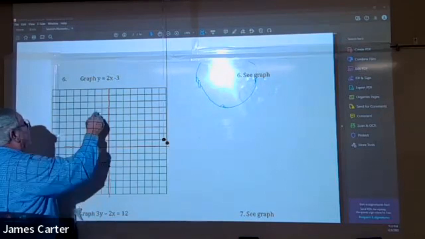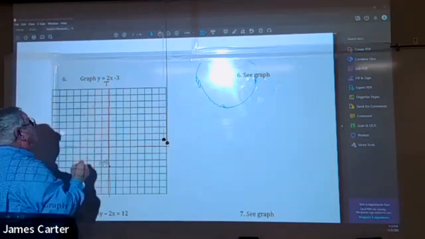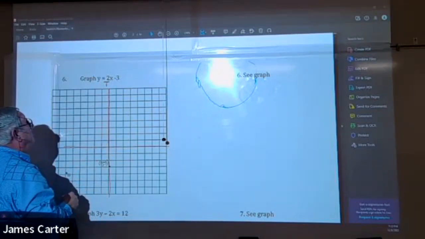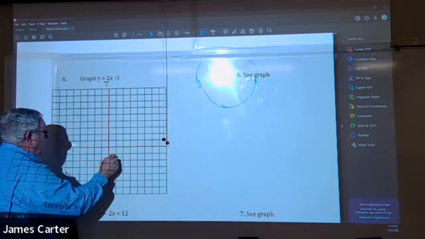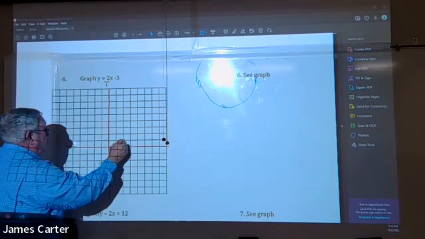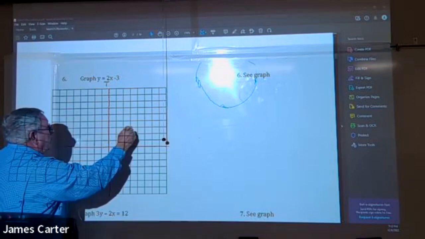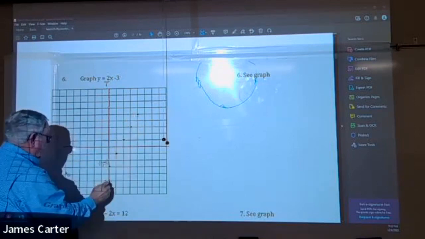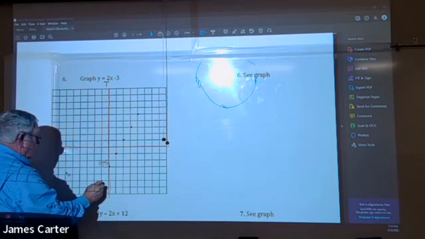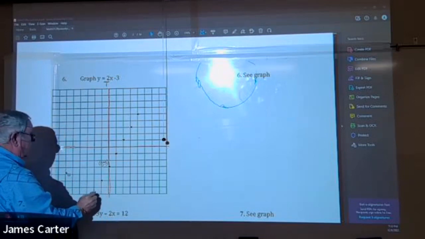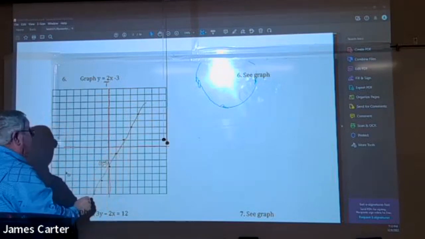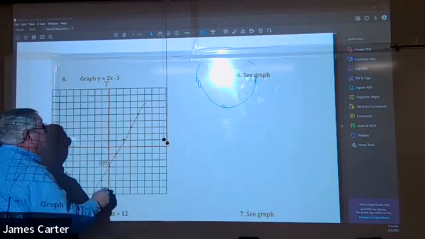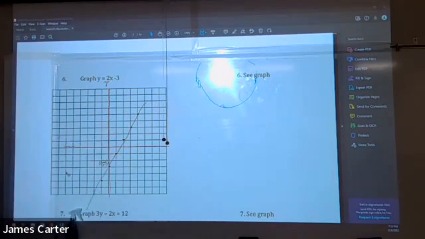And then my slope is up 2 over 1. So from here, up 2 over 1, up 2 over 1, or down the other way 1, like so. And then you draw the line. Okay? That's really all we have to do on that one.